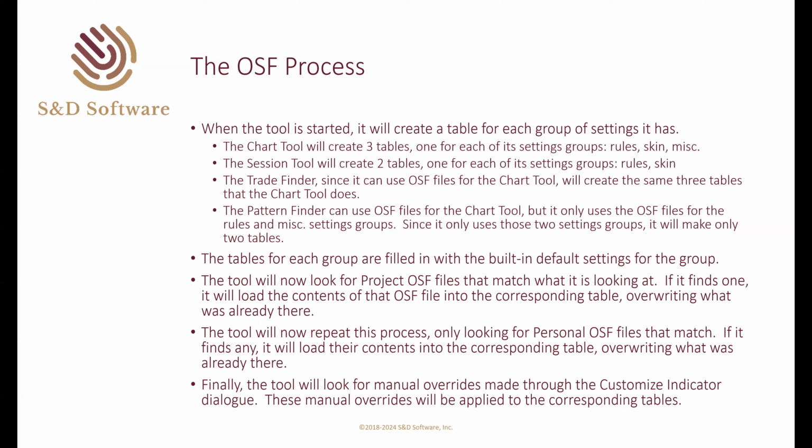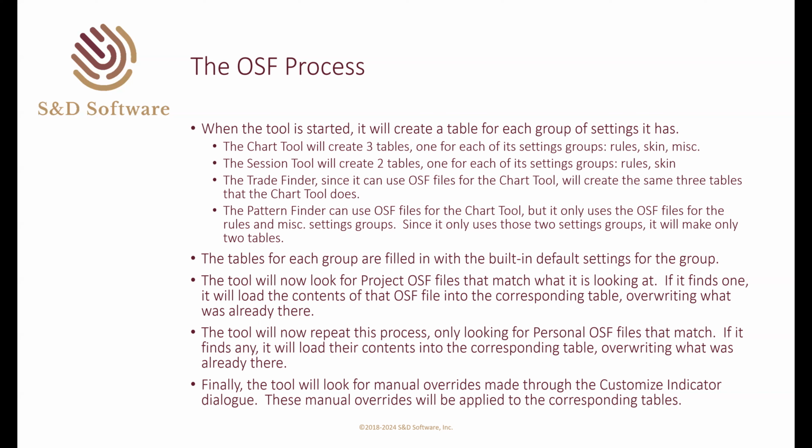So after it has gone through looking for project OSF files and loaded those, it then looks for personal OSF files. These are ones that you created. And if it finds any there that it can apply, it'll choose the most appropriate one, and we'll get into that later as to how it actually does that.